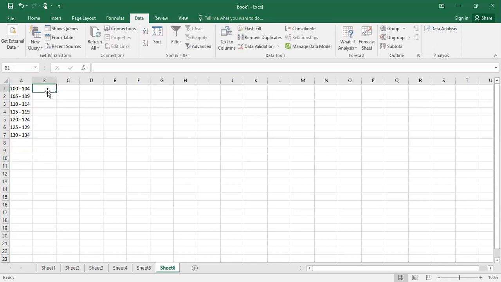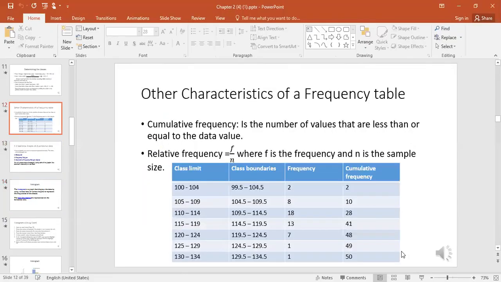Now we want to look at the data and then associate to this data their frequency. For each of the class, we are going to write the frequency on column B. I'm coming back to just show you where I'm getting the information from.